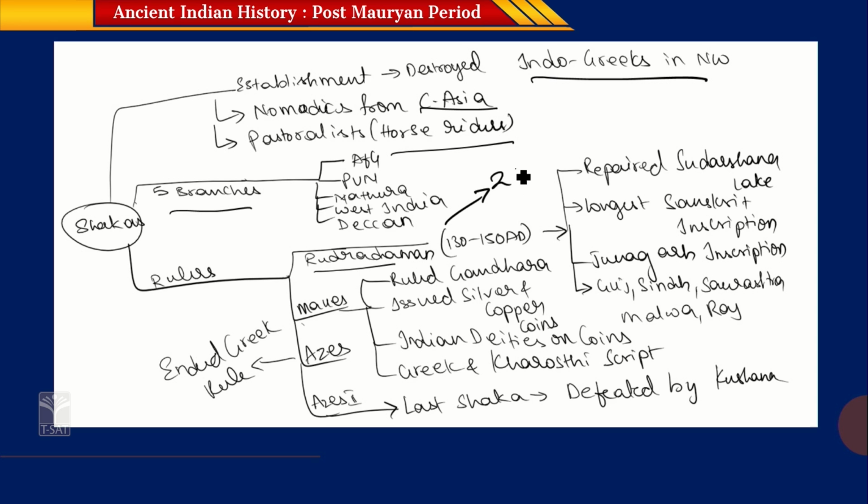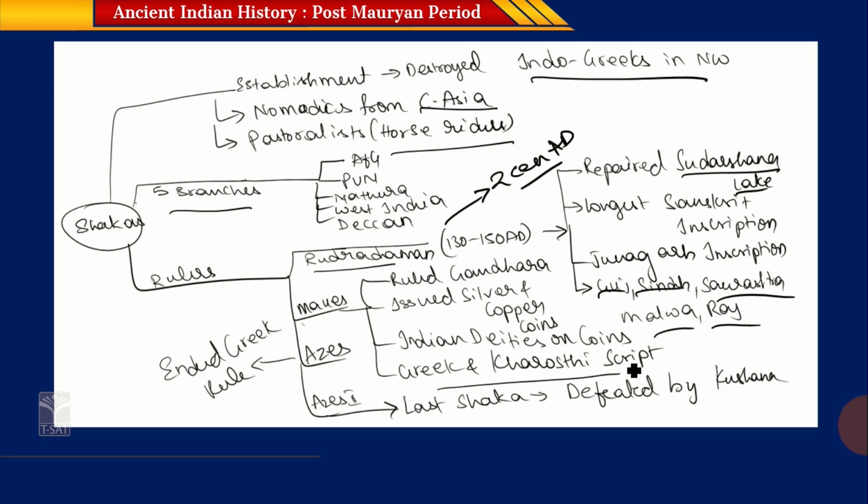This is written as 2nd century AD. When asked in a previous year question, he repaired the Sudarshana Lake and gave the longest Sanskrit inscription, the Junagadh inscription. Gujarat, Sindh, Saurashtra, Malwa and Rajasthan were under his control. He issued coins with Indian deities, Indian gods and goddesses, on the coins.